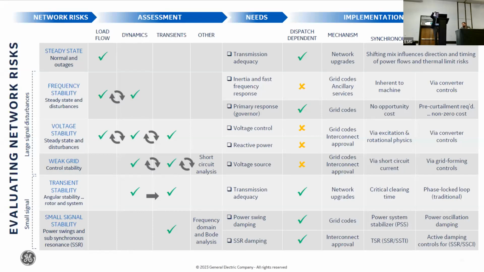I wanted to highlight, and I'm more on the economic side, I don't actively work on the power flow side, but I just wanted to highlight some of the areas where we see overlap. And basically all the green check marks require a dispatch.